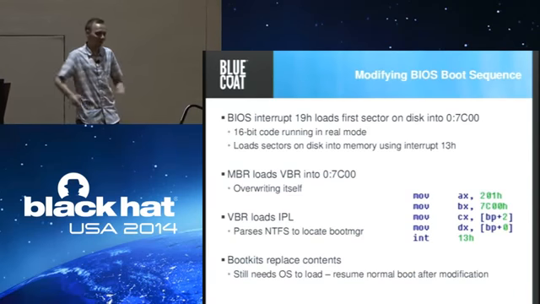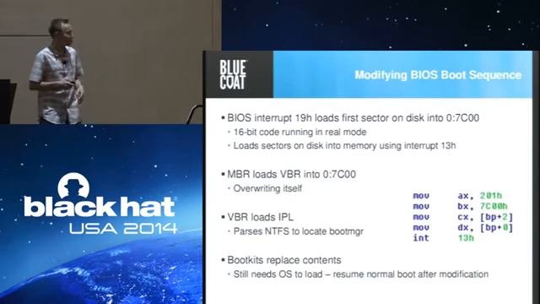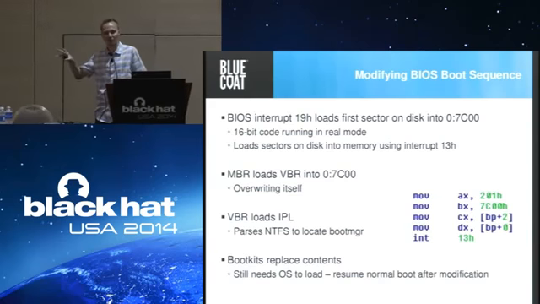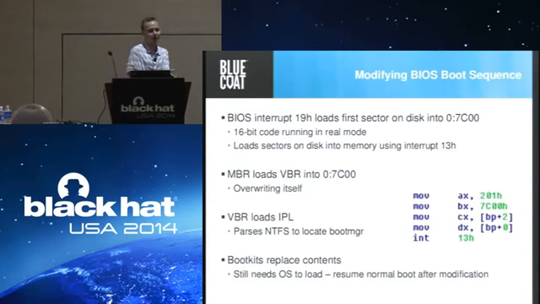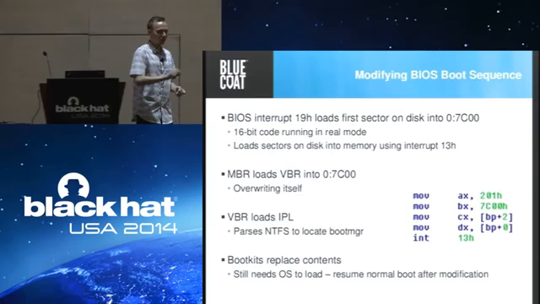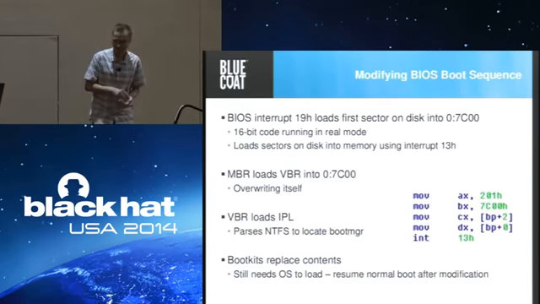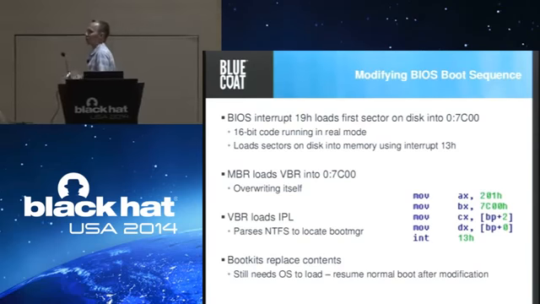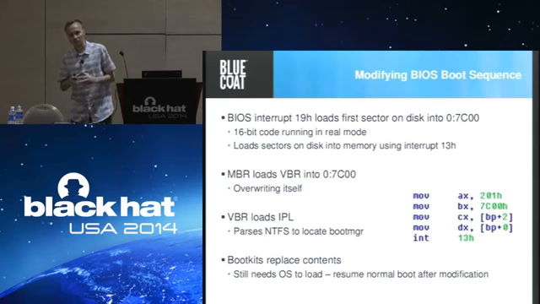That means it has to overwrite itself, which is a funny design, but maybe it made sense in the 70s or something. So it has to copy itself to a different memory location and then load the VBR back into where it used to reside. Then it passes control to the volume boot record, which loads an additional 15 sectors of code, which I refer to as the initial program loader, which will parse the file system to locate a special executable called boot manager.